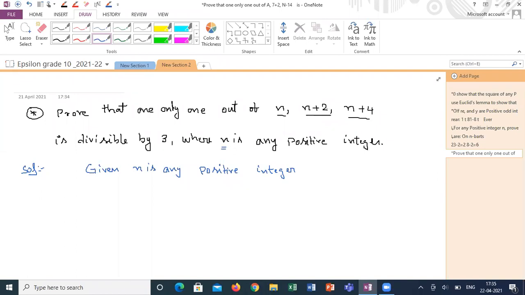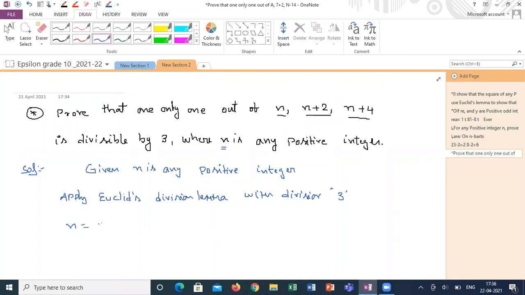So apply Euclid's division lemma with a divisor 3. What are the possible numbers we'll get?